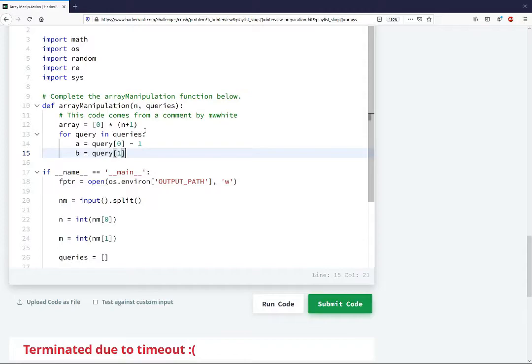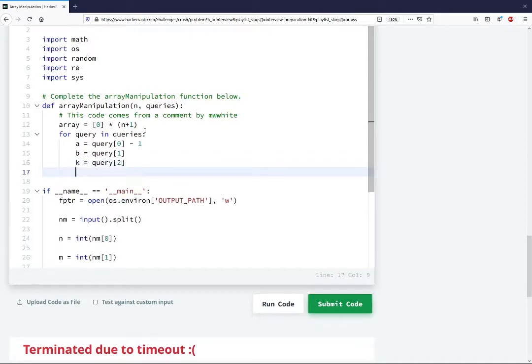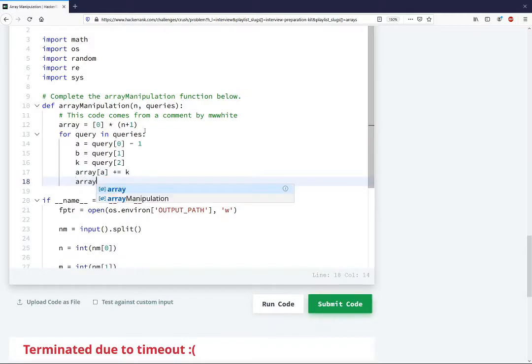And we don't subtract 1 because this needs to be one index to the right, but because the indices are already shifted, those shifts cancel each other out. K, the value that we're actually adding, is going to be query 2. And then array, again, is the derivative. So in index A, we're going to put K, and in index B, we're going to subtract K.